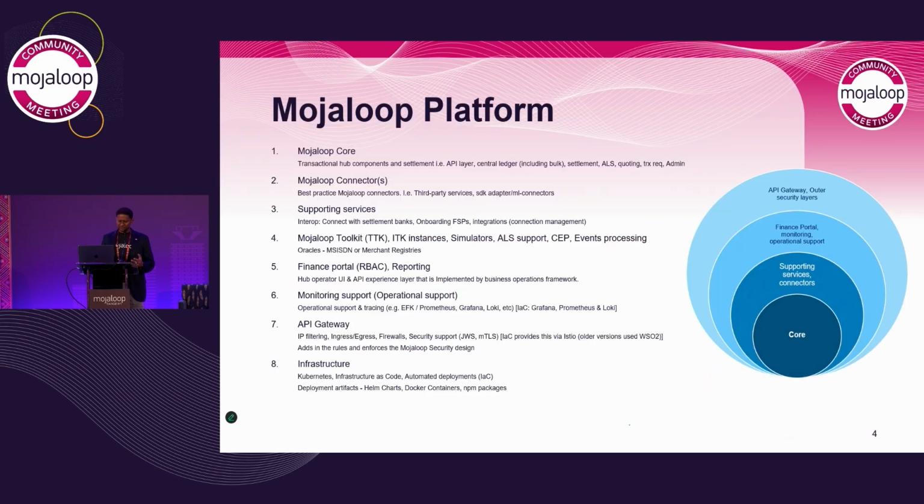This involves the Mojaloop core, which is at the heart of everything, the very central circle. Outside of that, we have services that support that. For example, the adapters, the SDK scheme adapter, various adapters that help with messaging and connection onboarding. On top of that, we have portals like the finance portal, and monitoring support for operations teams.